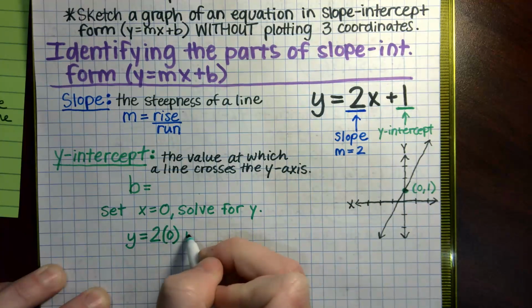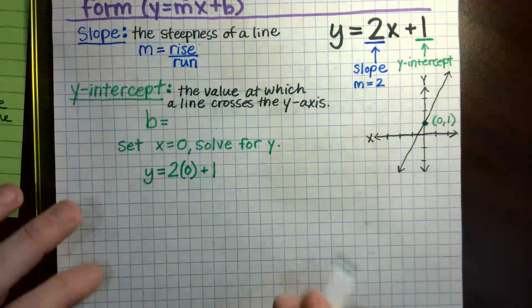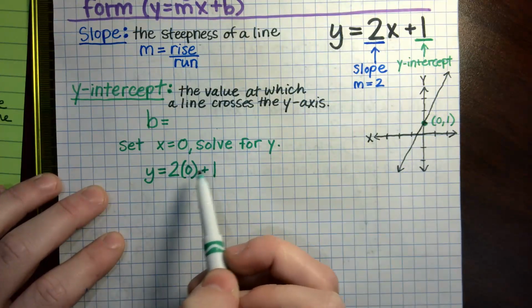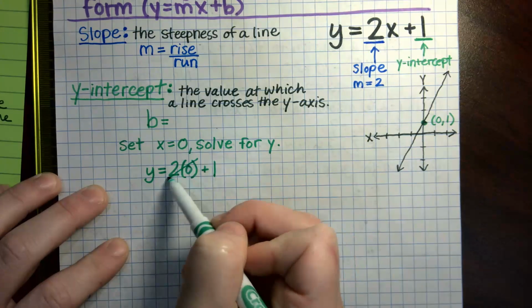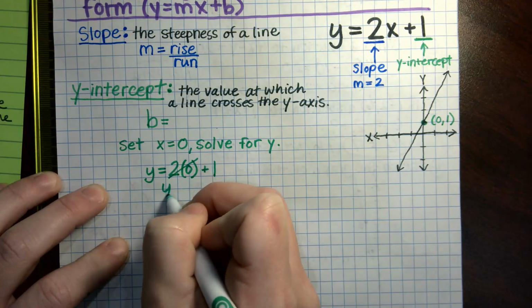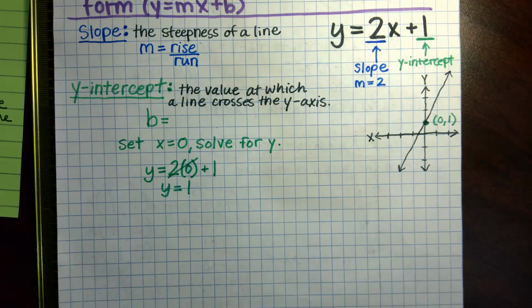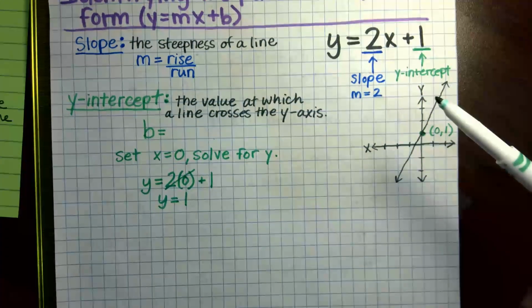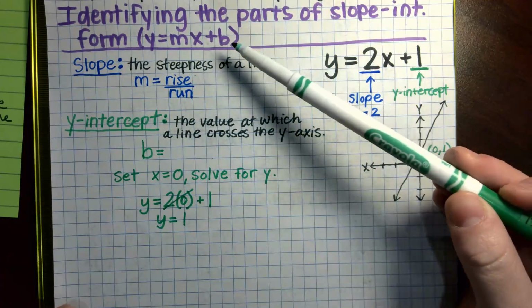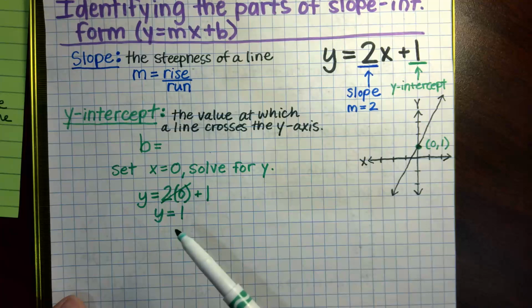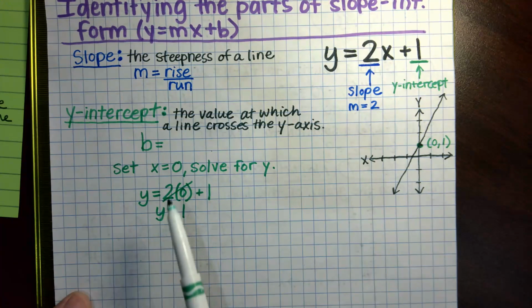Then we solve for y. We know 2 times 0 is 0, so we just get rid of it. And what we come up with is y equals 1. So it kind of is the y. It's just that before we solve it, they label it with the letter b just because that's what they chose. But when we solve for the y-intercept, we get y equals 1 whenever x equals 0.